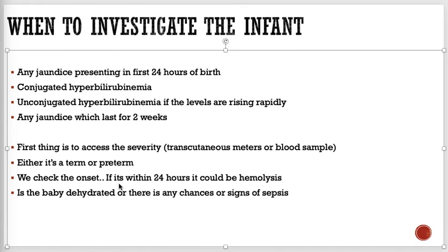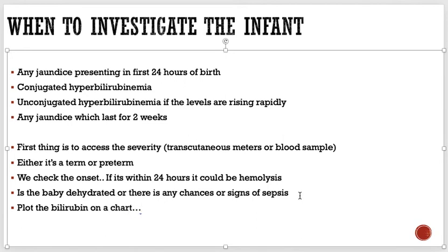For example, if you're working in a region, or now that the world is a global village, if their ethnic origin is from the Mediterranean region, or they are Afro-Caribbeans, they have high chances of having G6PD deficiency. So all these things matter. And one more thing, we plot the bilirubin levels on a chart.